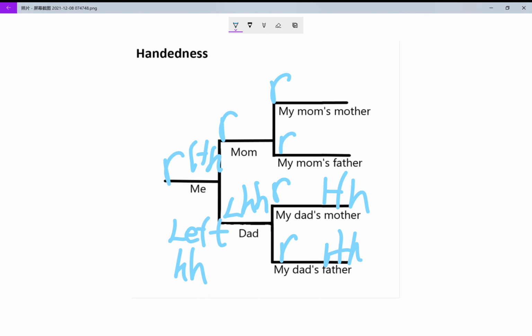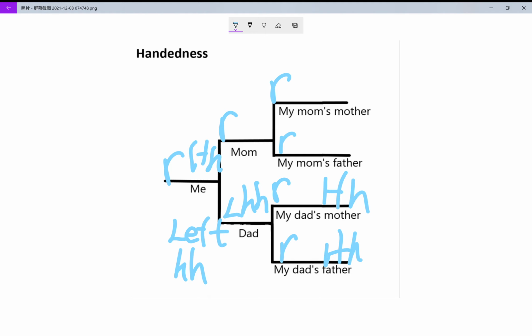However, I cannot find the genotype of my grandparents on my dad's side because I don't have enough information. So for my kids, if my spouse can roll her tongue, her genotype can be 2 big R or 1 of each.